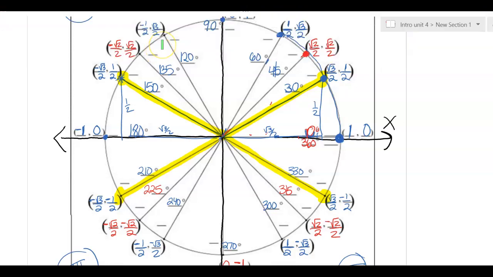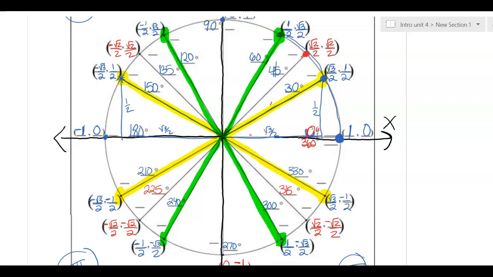You should then have the same numbers, but in a different order, for these 4 angles. So at 60, 120, 240, and 300, you should have a 1/2 in the x-coordinate and a rad 3 over 2 in the y-coordinate for all of those.